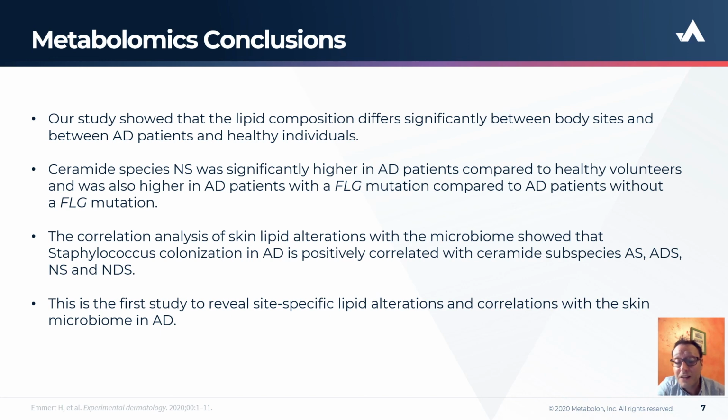The correlation analysis of skin lipid alterations with the microbiome showed that the Staphylococcus colonization in atopic dermatitis is positively correlated with the ceramide subspecies AS, ADS, NS, and NDS. This is the first study ever to reveal site-specific lipid alterations and correlations with the skin microbiome in atopic dermatitis.